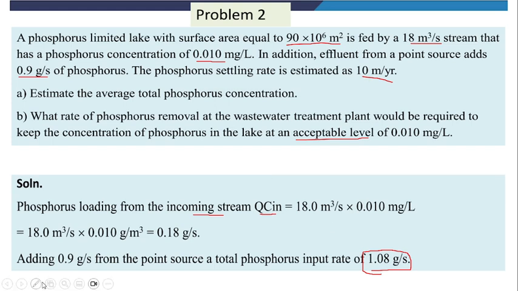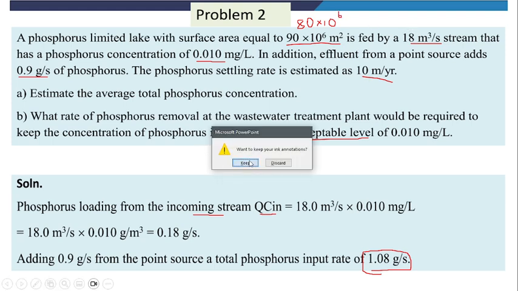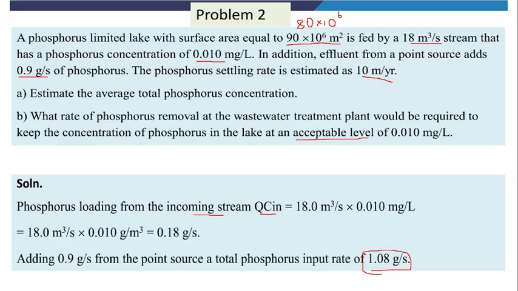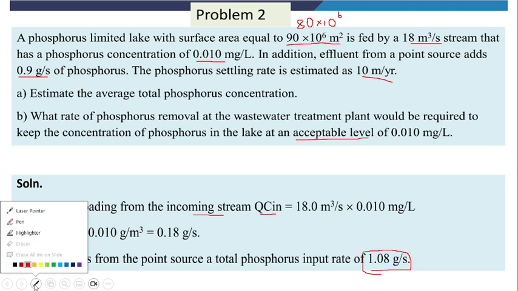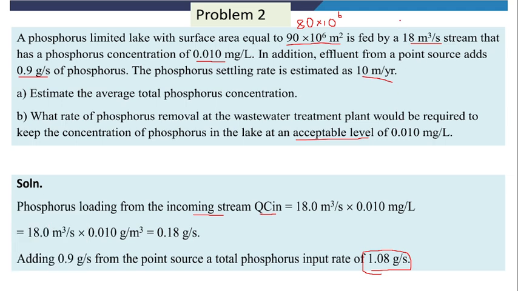So for the same question, if the surface area of the lake is 80 into 10 power 6 meter square and the flow rate is 28 meter cube per second.